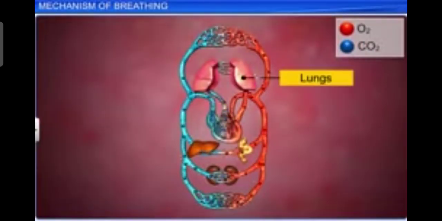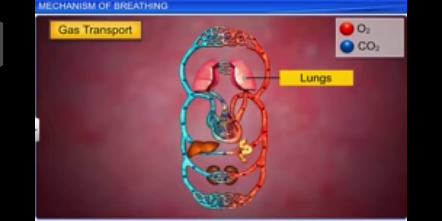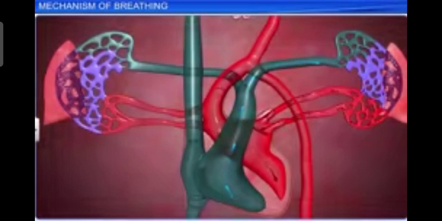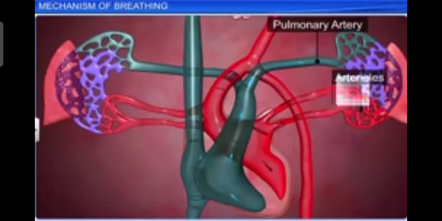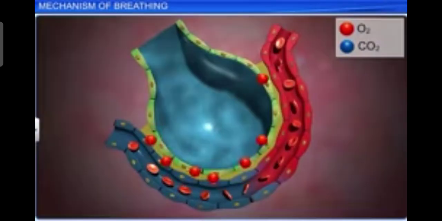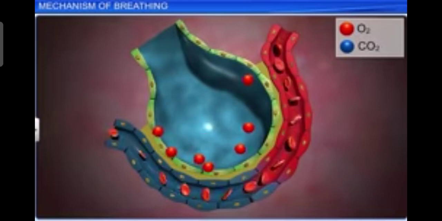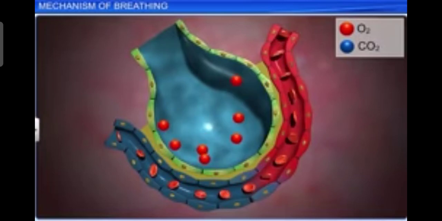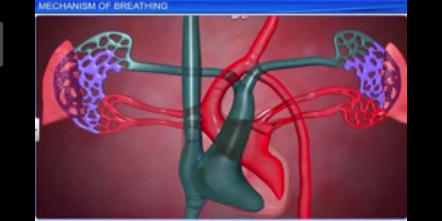This is the double circulation and gas transport by the blood. The diffused gases are carried by the blood from the lungs to different parts of the body. This is called gas transport. Blood from the heart enters the lungs through the pulmonary arterioles and the alveolar capillaries.